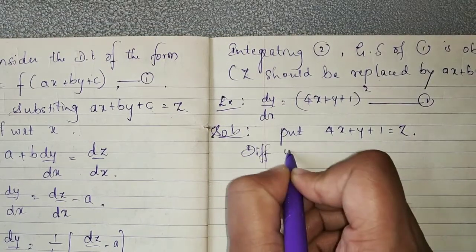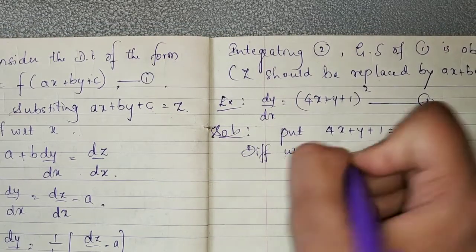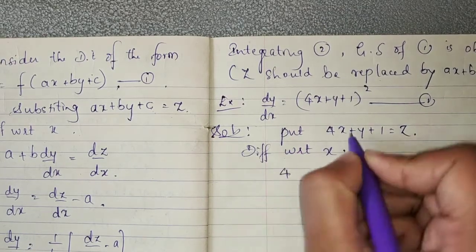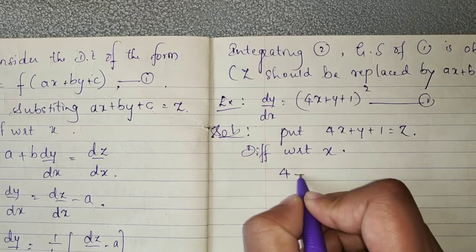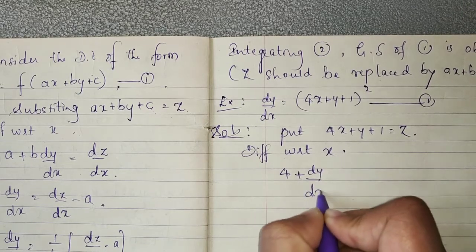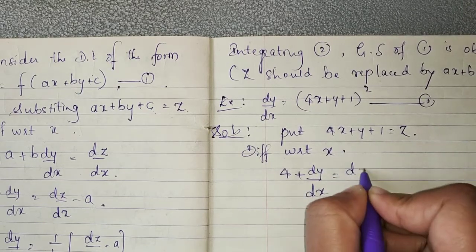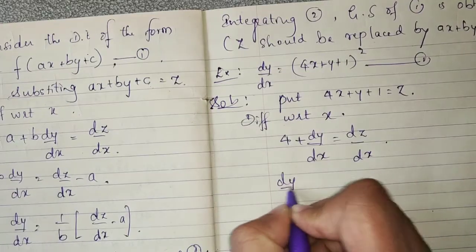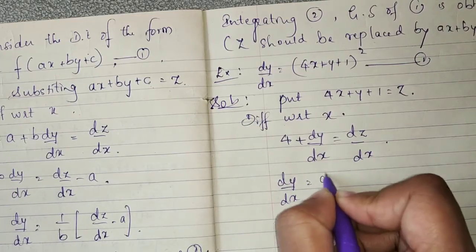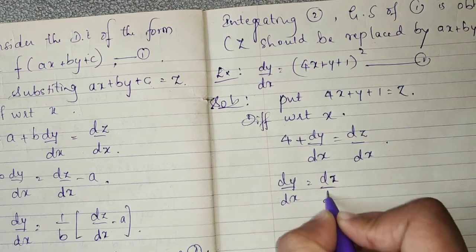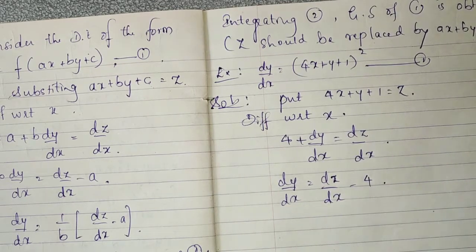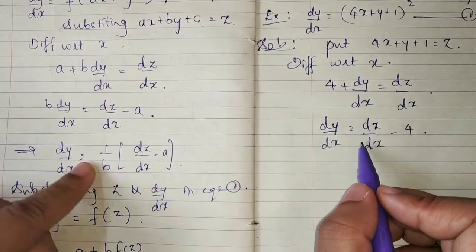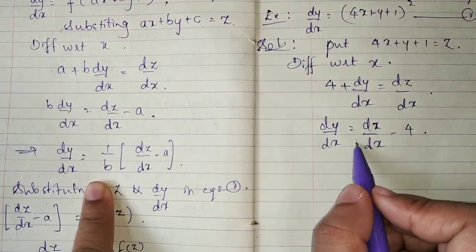Differentiate with respect to x. 4 into derivative of x is 1, plus dy by dx, derivative of 1 is 0, equal to dz by dx. Therefore, dy by dx equal to dz by dx minus 4. Now here we found the value of dy by dx.